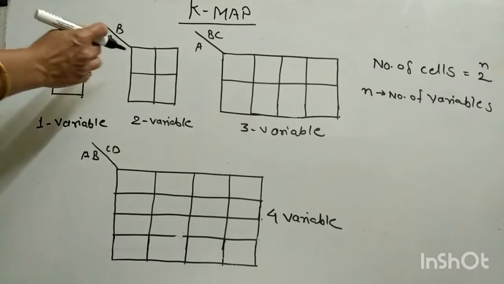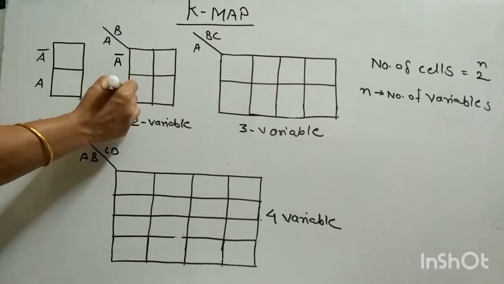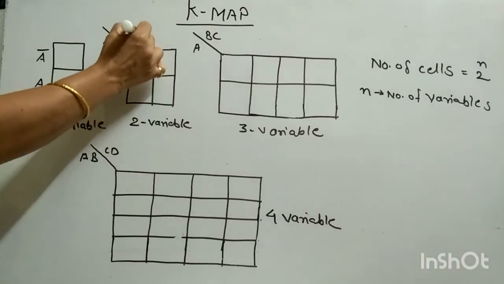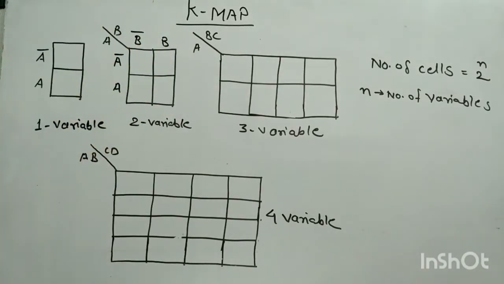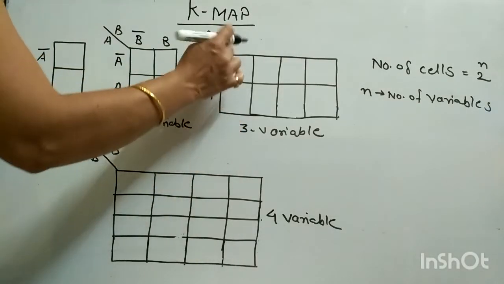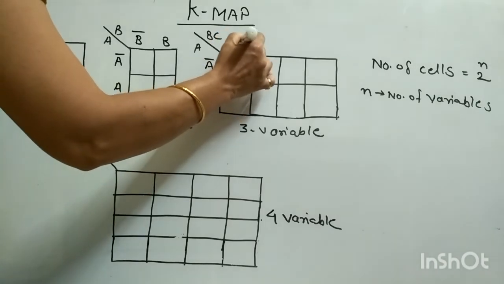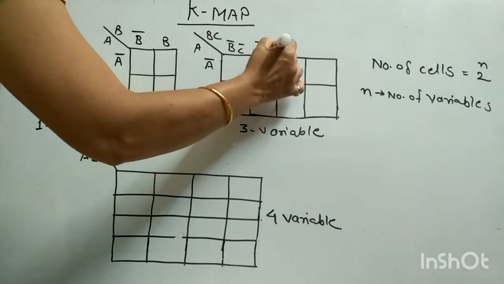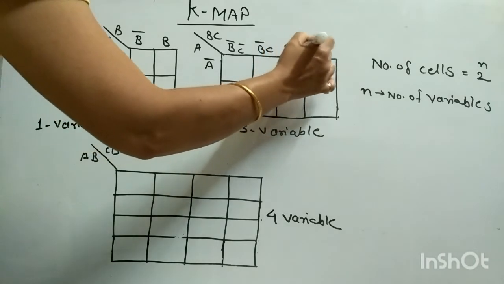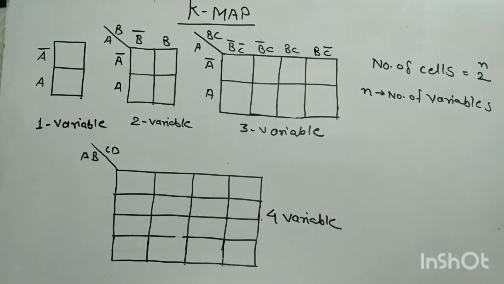For two variables, the rows are labeled A bar, A, and the columns B bar and B. For three variables, again it is A bar, A for the rows, and for the columns first B bar C bar, then B bar C, BC and BC bar.